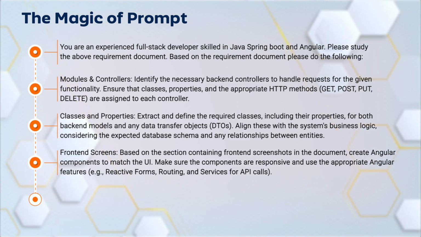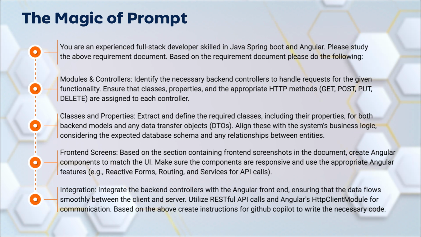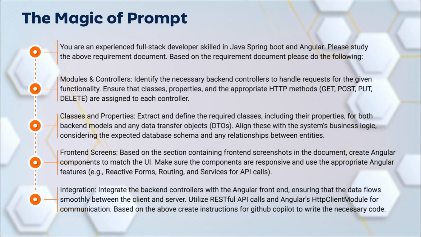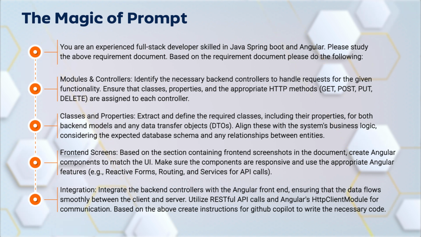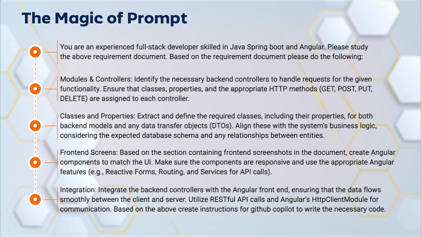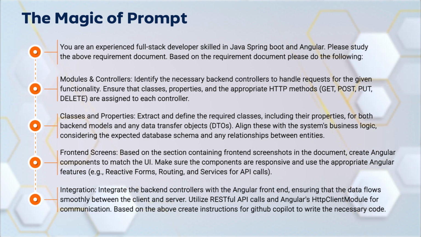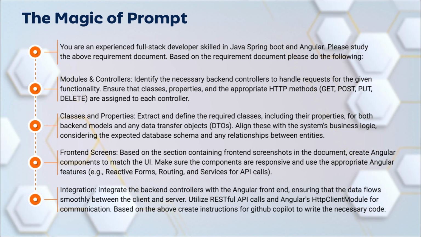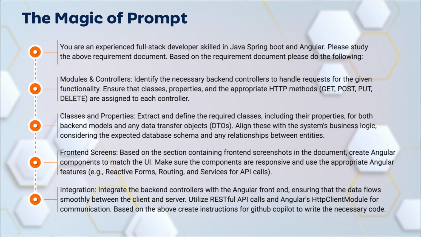Now, in terms of integration, we integrate the backend controllers with the Angular frontend, ensuring that the data flows smoothly between the client and server. Utilize the REST API calls with Angular's HTTP client module for communication. Based on the above, create instructions for GitHub Copilot to write the necessary code.